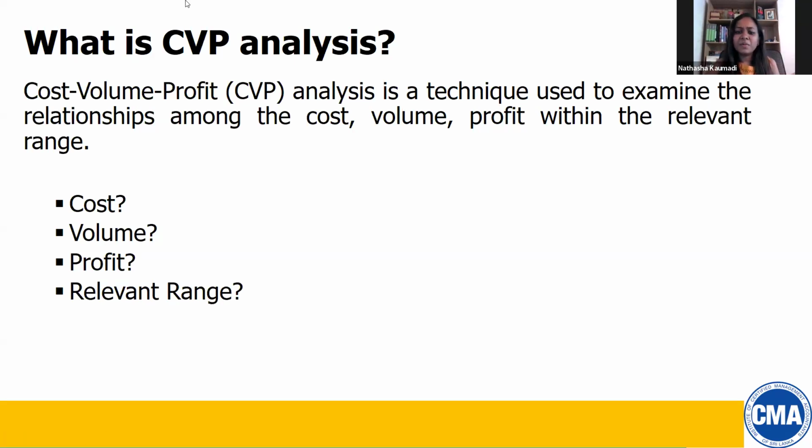Now, what about the relevant range? What about the range in the short run? In the short run, we can identify the range. During 1 year's time, our sales volume would be this. With the expectations, the budgeted figures, and the past information, we can have our relevant range.